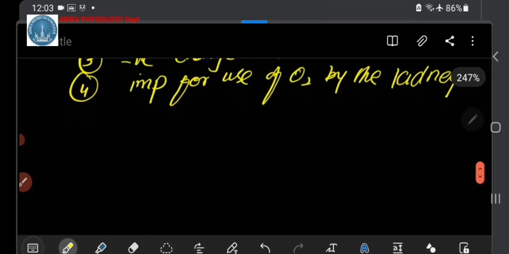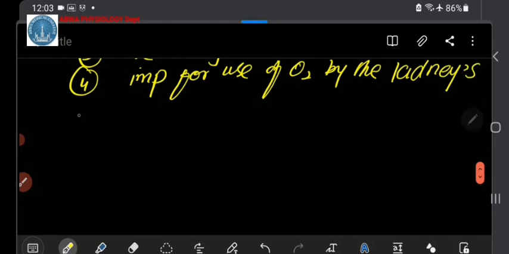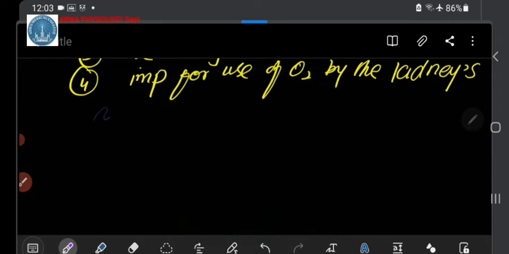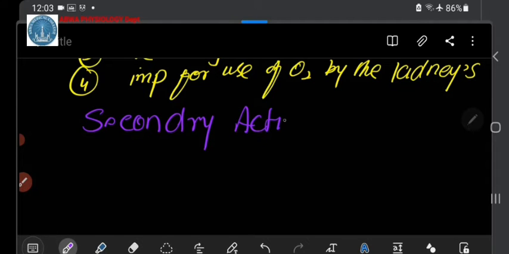So the second type is secondary active transport. Secondary active transport, you may call it a partnership.